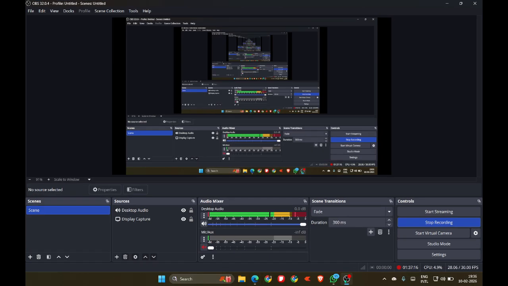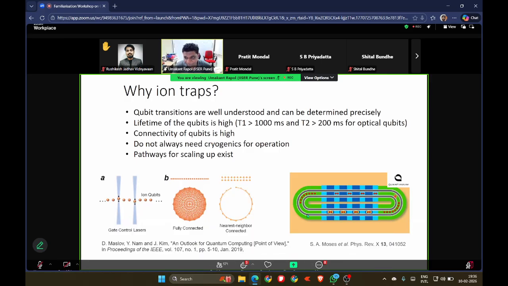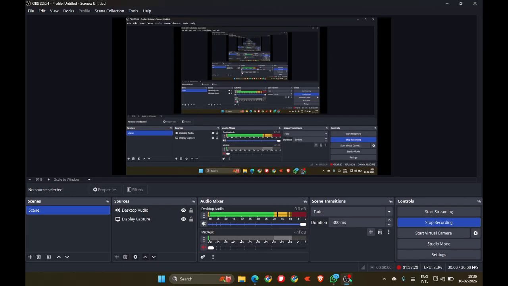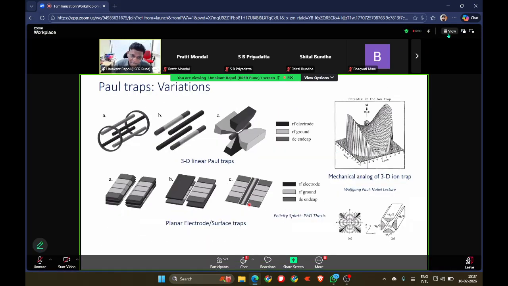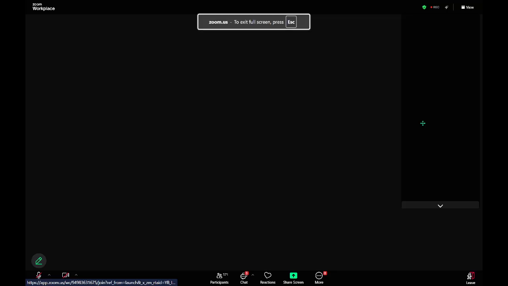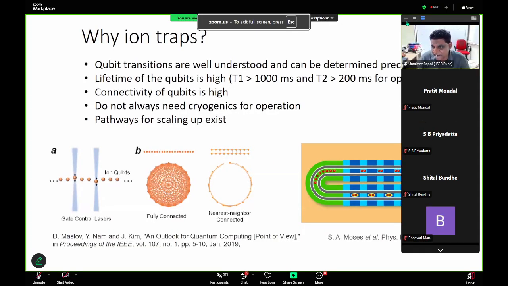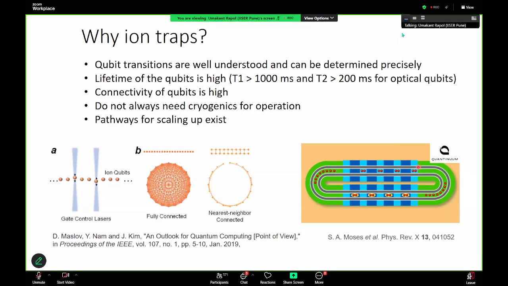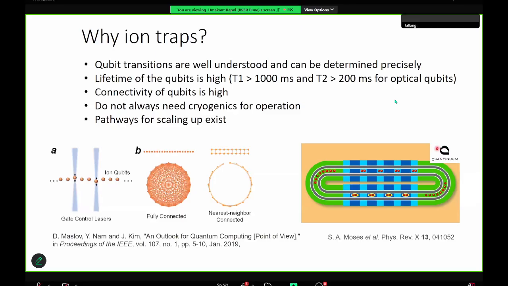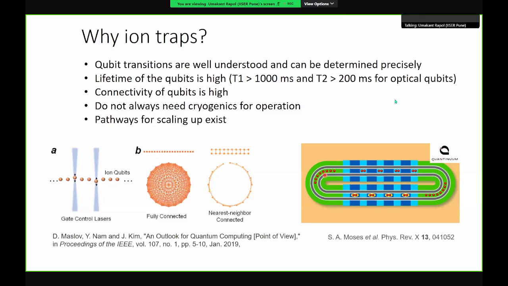The connectivity between qubits is also very important. If you go to the planar geometries, like the one shown in C, you can, as I said, extend it into any kind of geometry. For example, this is a racetrack geometry from an earlier version of quantum computer developed by Quantinuum. You can move these ions.